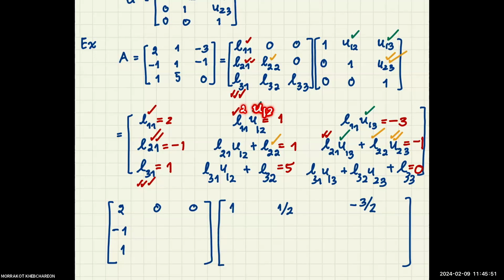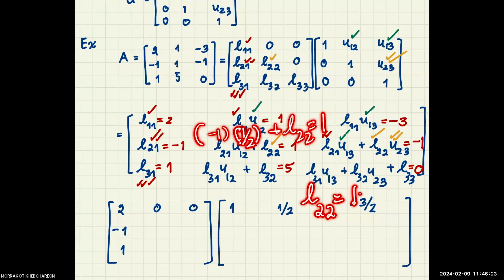Now to get L22: L21 is minus 1, U12 is 1 over 2, so L22 is 1 plus 1 over 2, right? So it's 3 over 2.